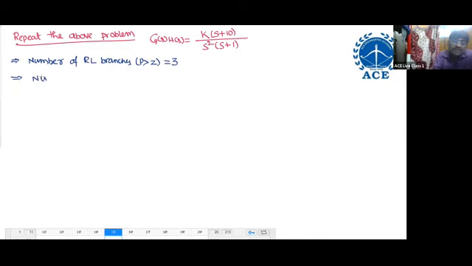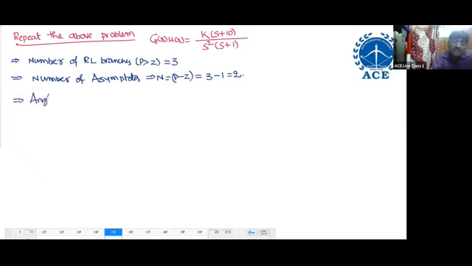Number of asymptotes N equal to P minus Z. So 3 minus 1. 3 poles and 1 zero. That means 2.